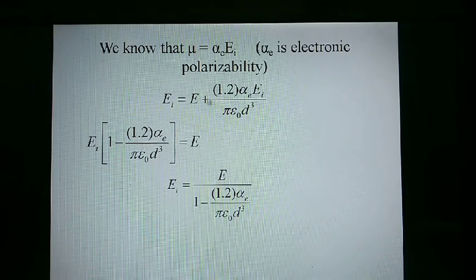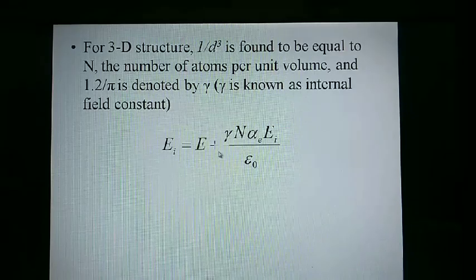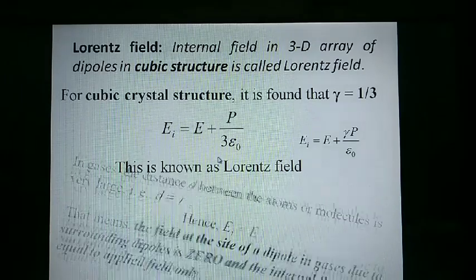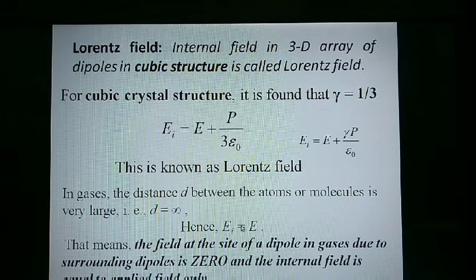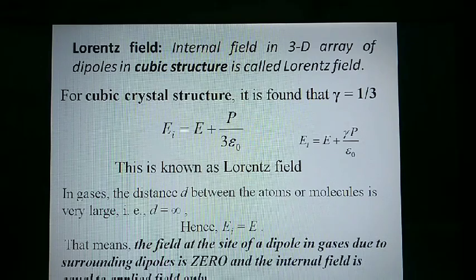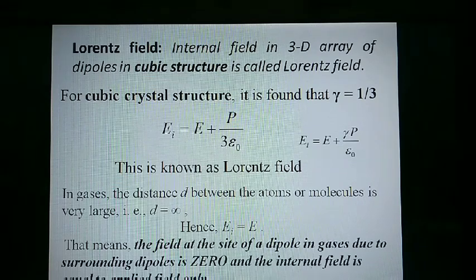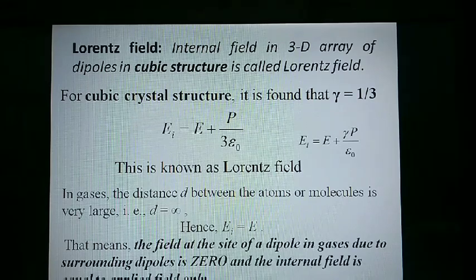Therefore, EI is equal to only E. That is what has been shown here in the last slide. So what do we understand? In the case of gases, internal field is just same as the external field which we have applied, because the electric field established by one dipole is 0 at the site of its neighboring dipoles because of the long distance.